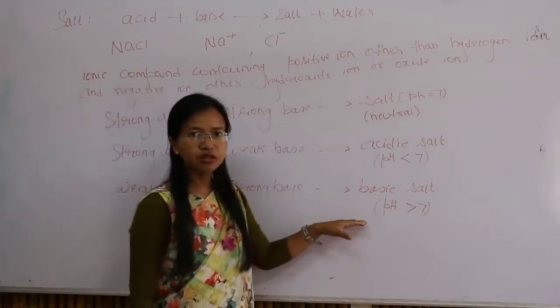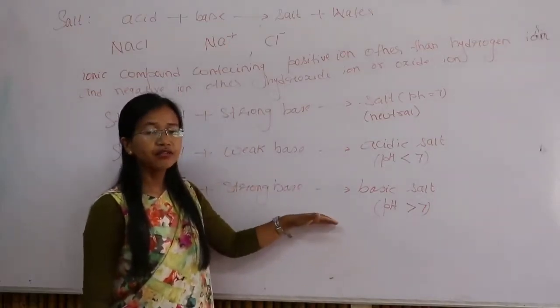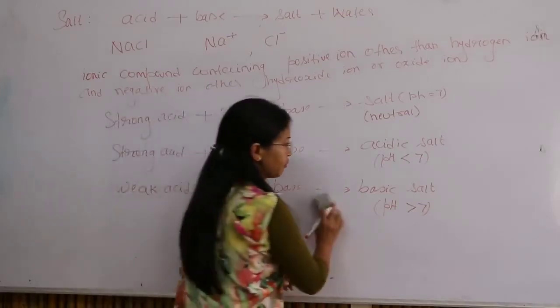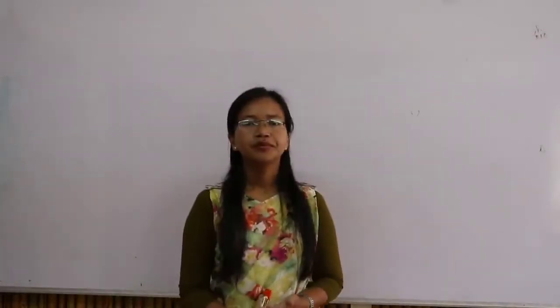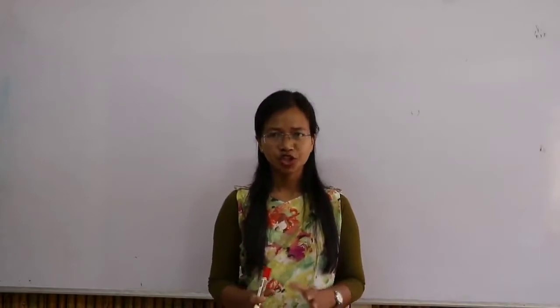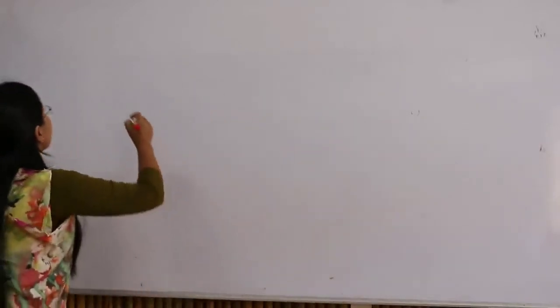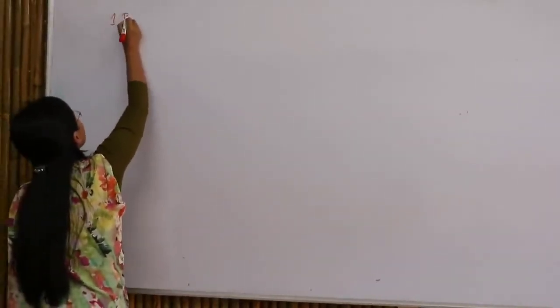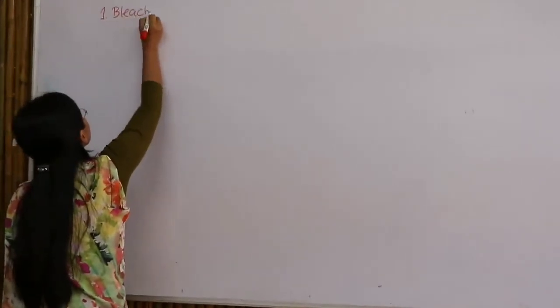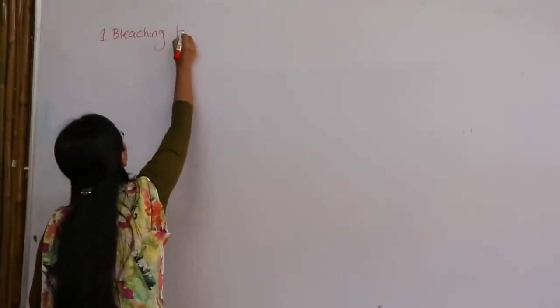Now, having understood the meaning of salt, let us see the different types of salt. The first salt is bleaching powder.